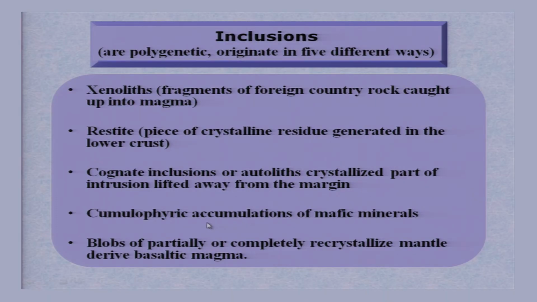These large crystals sometimes clump together and accumulate as a cumulophyric accumulation of mafic minerals. The last way of genesis is blobs of partially or completely recrystallized mantle-derived basaltic magma. These are the 5 different origins of the inclusions found in rocks.